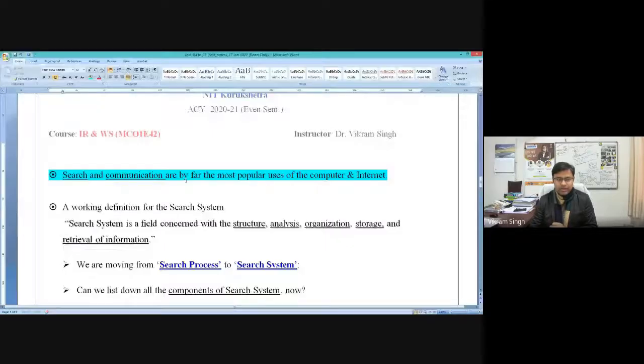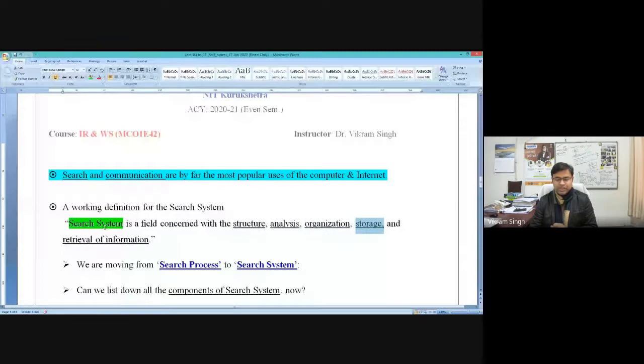Now, because we are talking about the different concepts related to the search system, let's take a basic definition first, then we will talk about the different components. So designing the search system is a field concerned with structure, analysis, organization, storage, and retrieval of information.